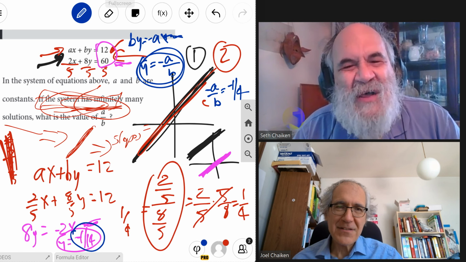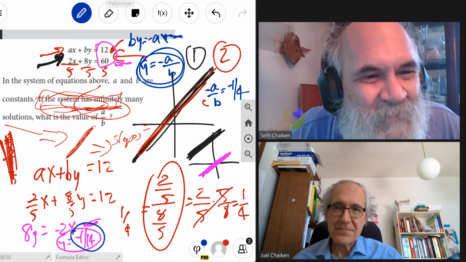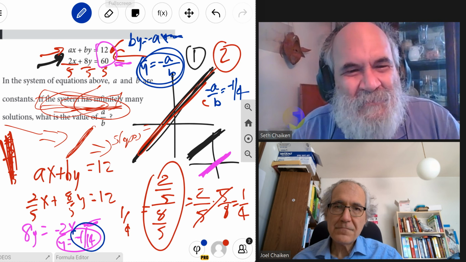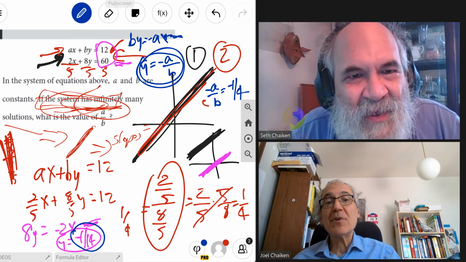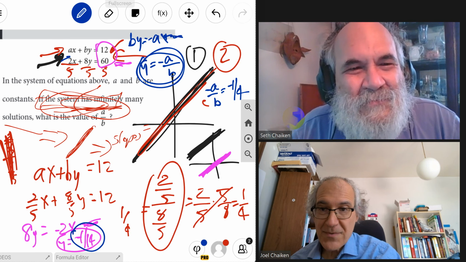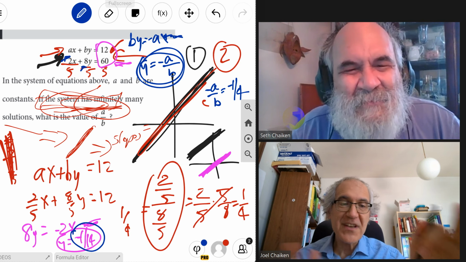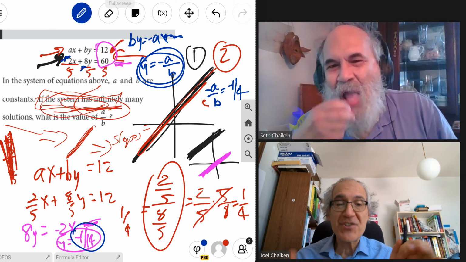Well, the particular ratio that they want is A to B. So if you were really smart, you would simply go 2 to 8, because you would see the 2 and the 8, and you would use your logic that the coefficients drive the slope.